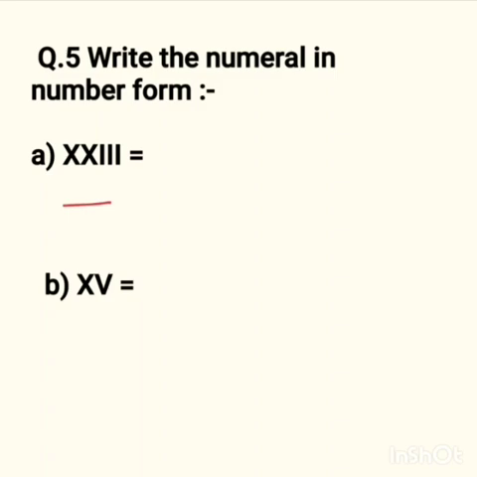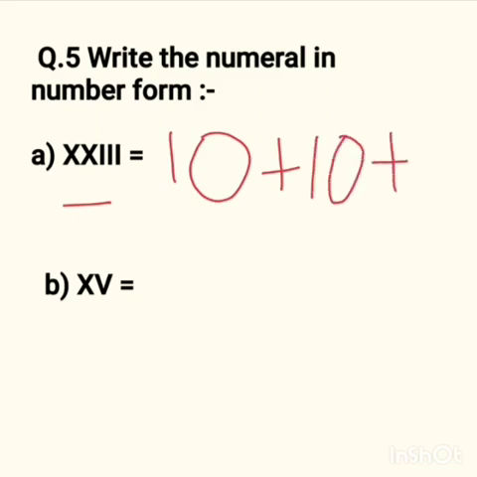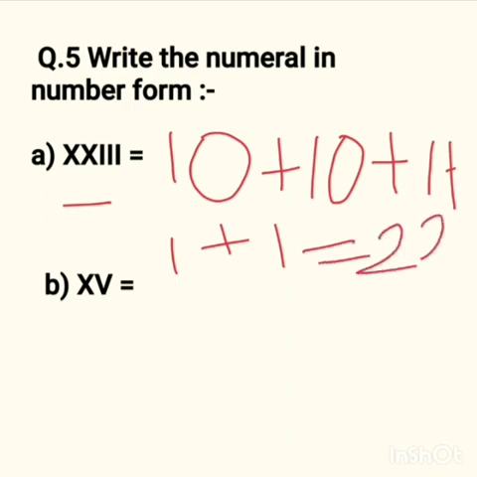The first letter X is 10, the next X is 10, the meaning of I is 1, the next I is 1, and the next I is 1. It means 10 plus 10, 20, and plus 3. So this is 23.